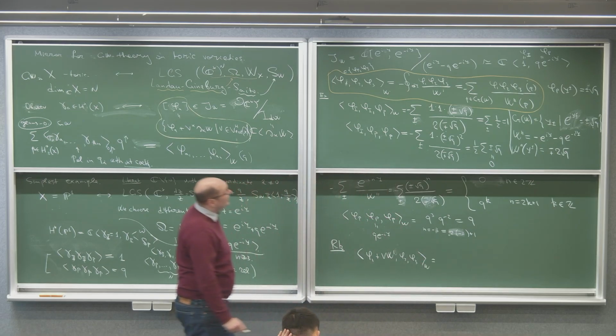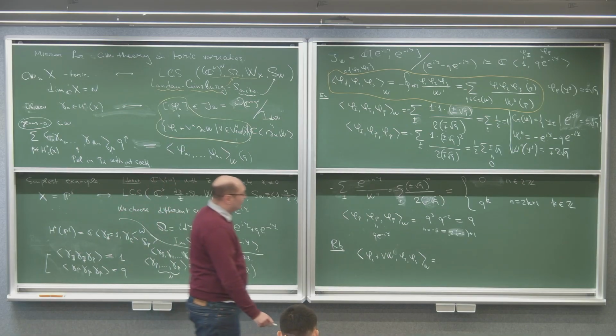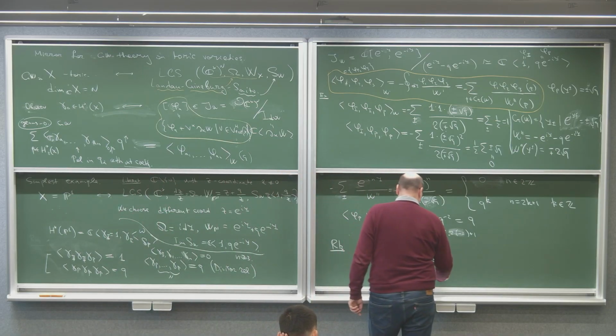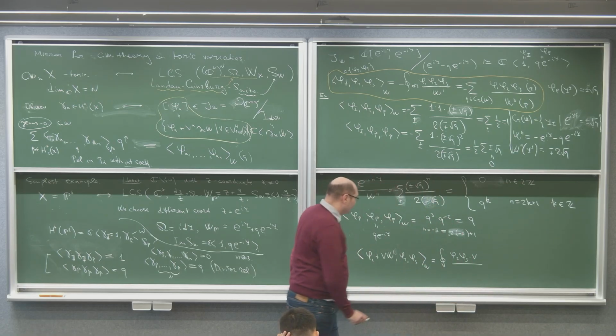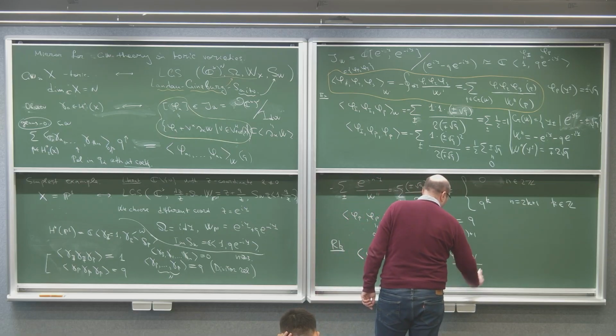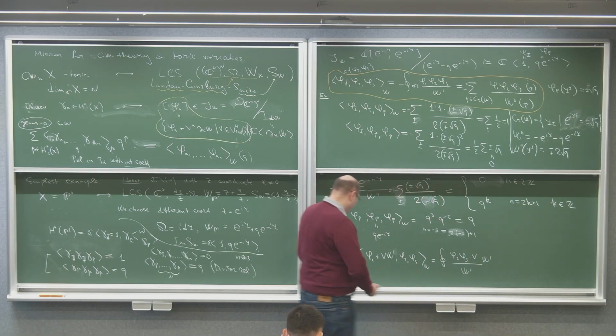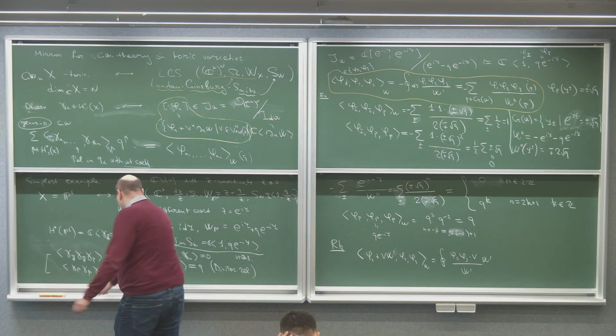Then by the nature of the residue formula, we will have phi2, phi3 times v, and then the denominator would cancel. In the denominator we have w prime.